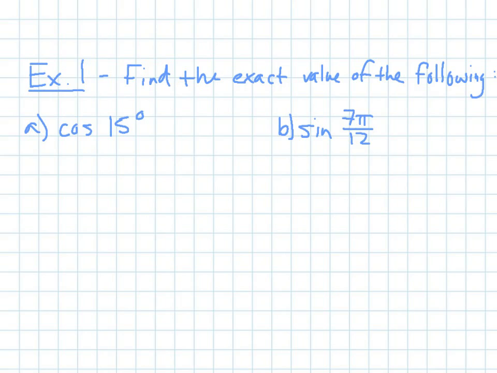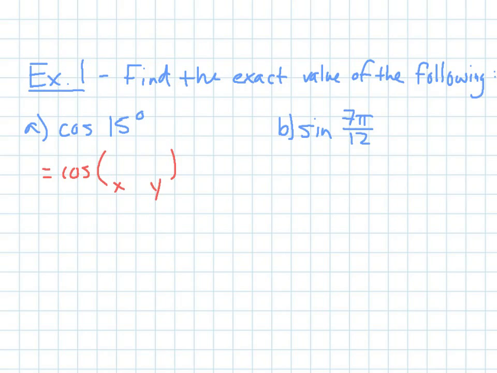So I need to figure out an x and a y. They either add or subtract to give me 15. Now, I want to use angles that I already know from the unit circle to help me out, because we don't want to just use random ones, because then I still won't really know what to do.